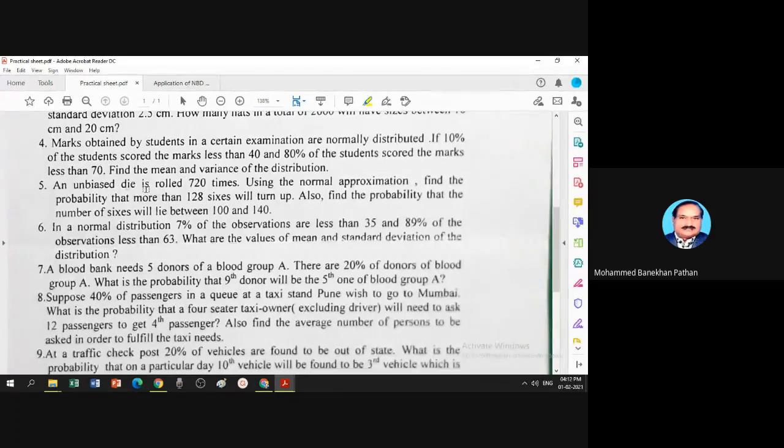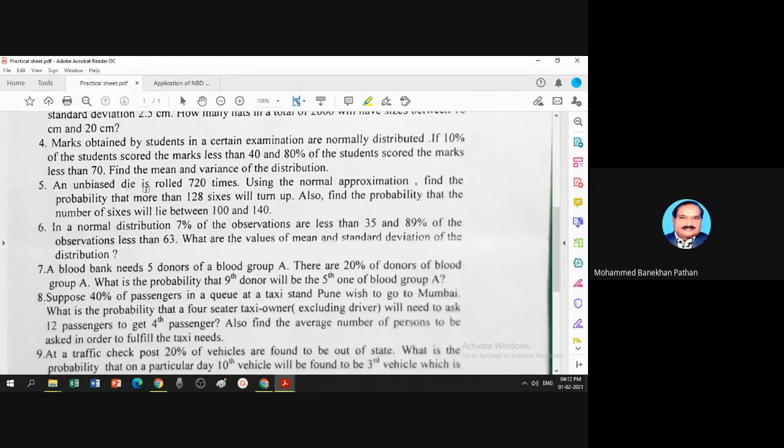So how many failures? Totally 5 failures, but it is in one bunch. And how many successes? Only one success, that is one bunch. So the chance of getting success is 1 by 6, and the chance of getting failure is 5 by 6 in every trial.